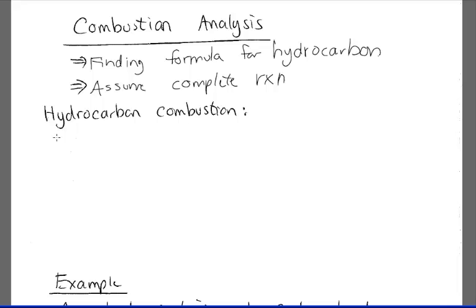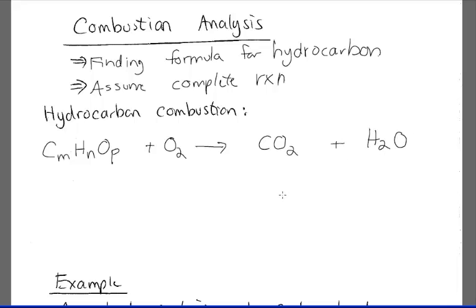Okay, so the general formula for hydrocarbon combustion is you have some compound with carbon, and I'm going to use M as a subscript because we don't know what the subscript is, N as a subscript for hydrogen because we don't know what it is, and we'll do one with oxygen and use the subscript P. So we don't know what M, N, or P are. We don't know the formula. All right, then we react it with oxygen, and it forms carbon dioxide and water.